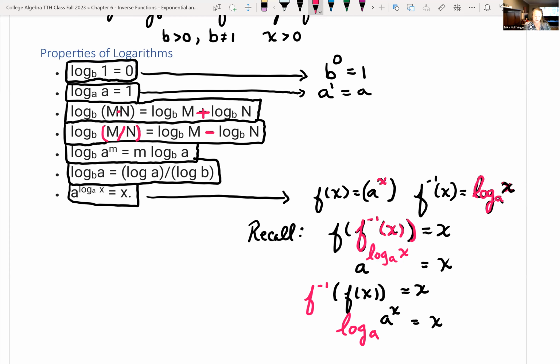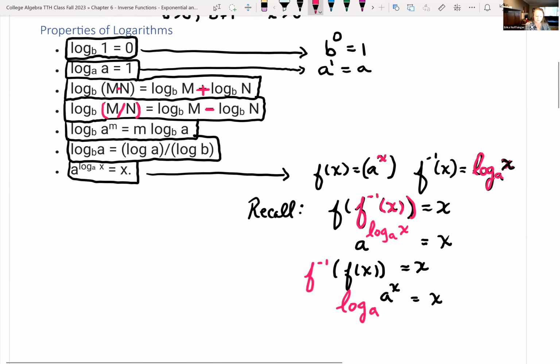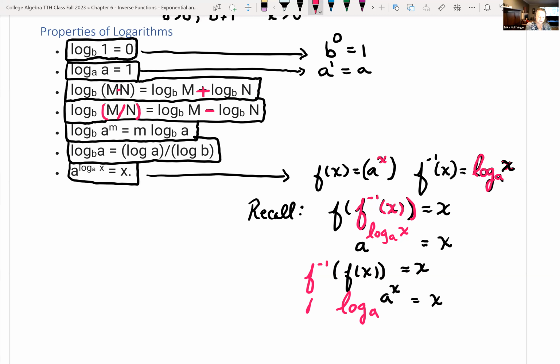So this one makes more sense than the other one, possibly. This one I can see by just going back to the definition that here my base a raised to the other side, x, is equal to a to the x power, which is a true statement.